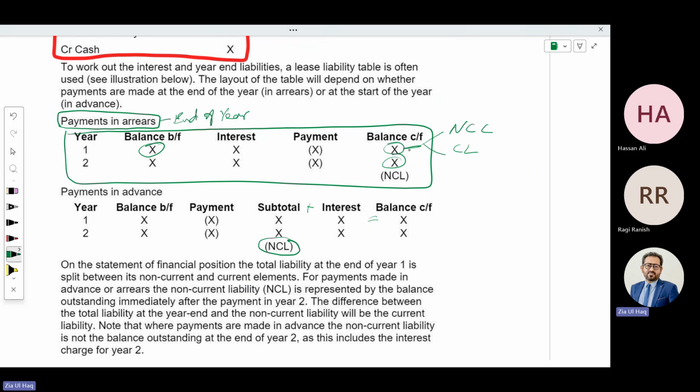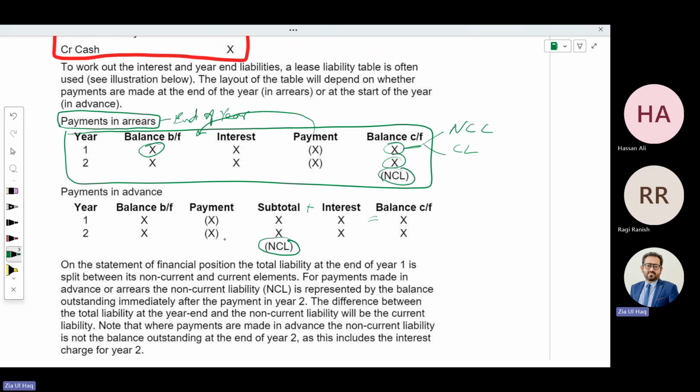And at year end, if we are making payment, then next year's closing liability, including interest, was the non-current liability figure. But if we are making payment at the start of the year, in that case we need to make a separate column here, and we need to move this column before interest.